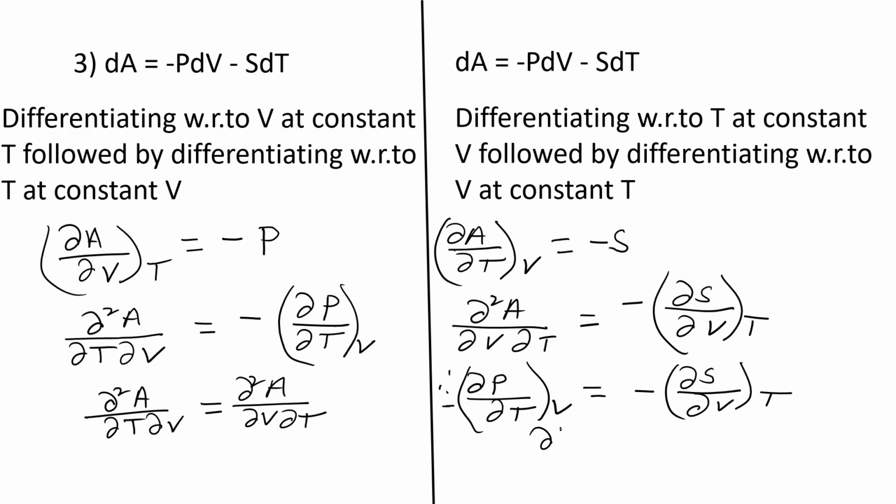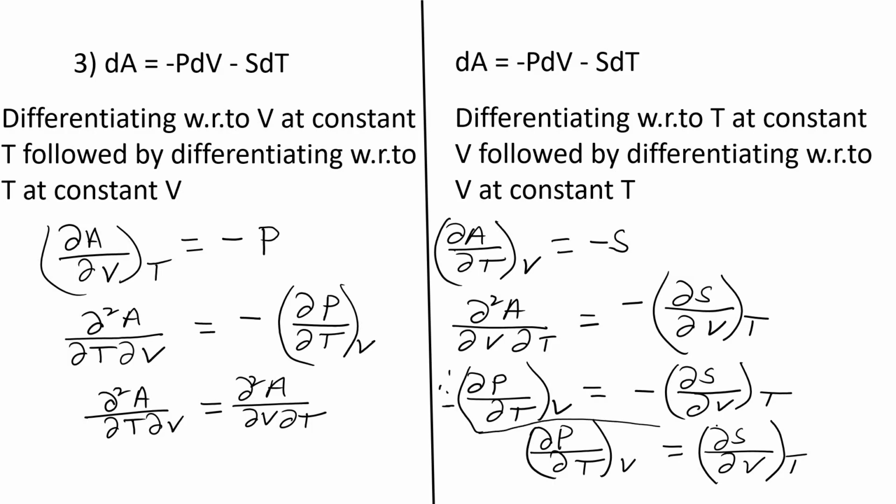So what we can write? Change of pressure with respect to temperature at constant volume is equal to change of entropy with respect to volume at constant temperature. So this is our third Maxwell's relation. This is the third one.